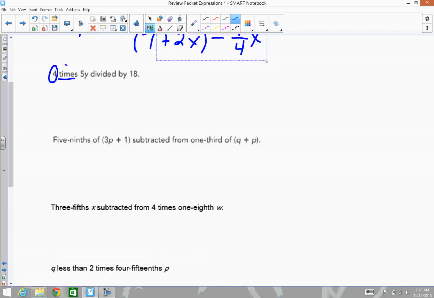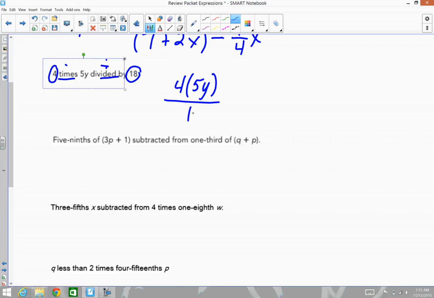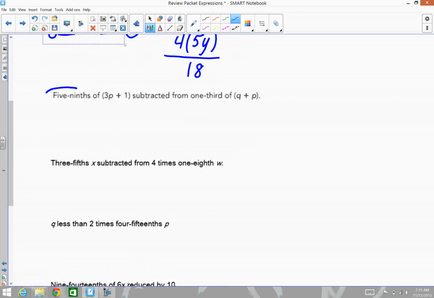4 times 5y divided by 18 should look like 4 times 5y over 18. 5/9 of means to multiply, so we're taking 5/9 of that parentheses, subtracted from, that's one of those key phrases that tells us to swap the order, 1/3 of this parentheses.